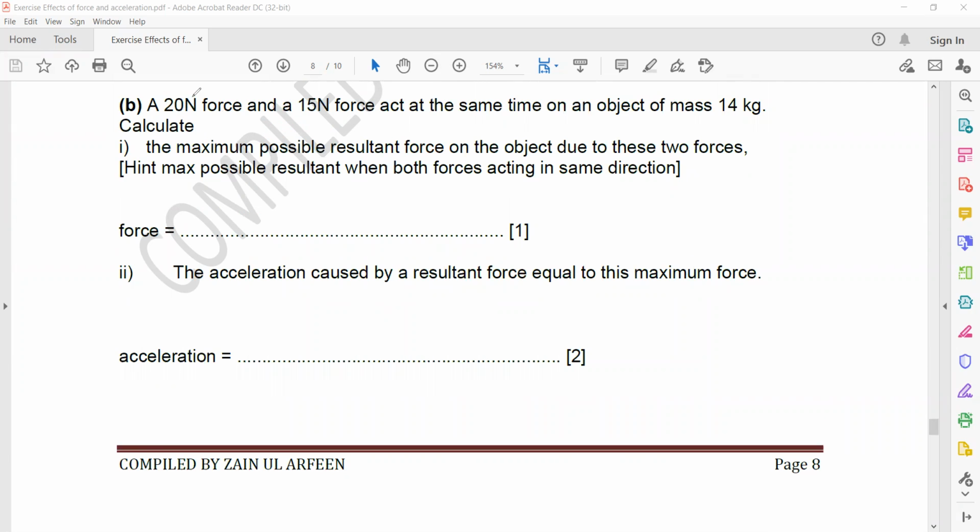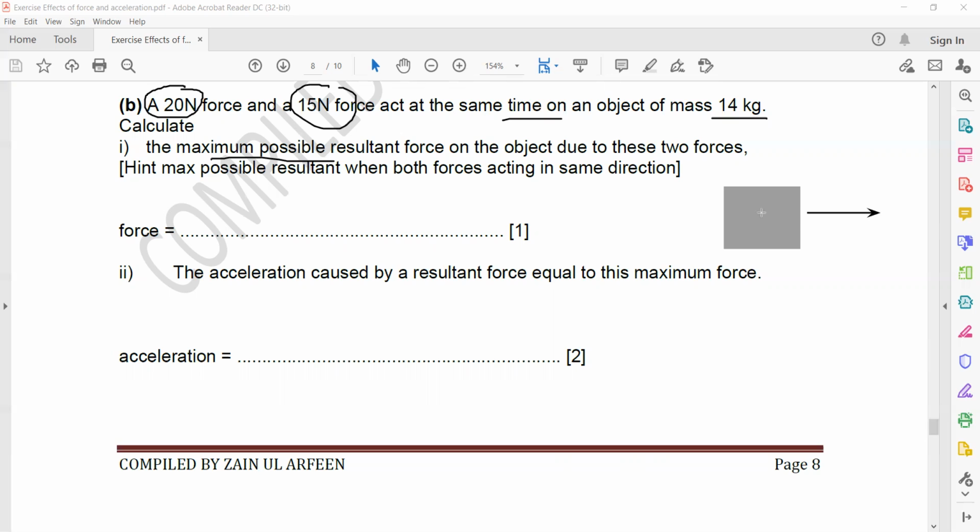Okay, another question. Forces of 20 Newton and 15 Newton act at the same time on an object of mass 14 kilogram. Calculate the maximum possible resultant. If two forces are acting in the same direction, it will be the maximum resultant force.